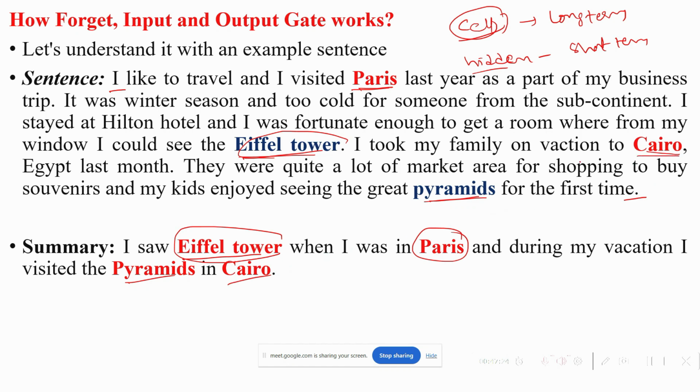Okay, now we are keeping the major keywords of our paragraph with the help of our cell state, that is, with the help of long term information, and also you have to remove the unnecessary information.